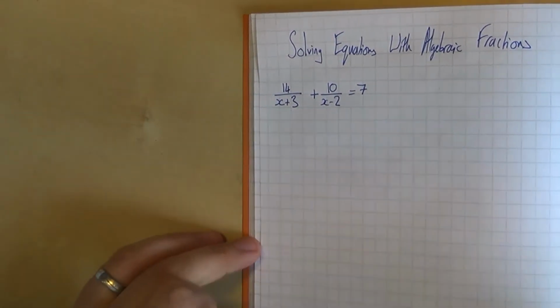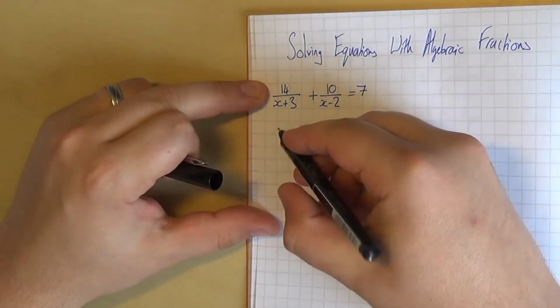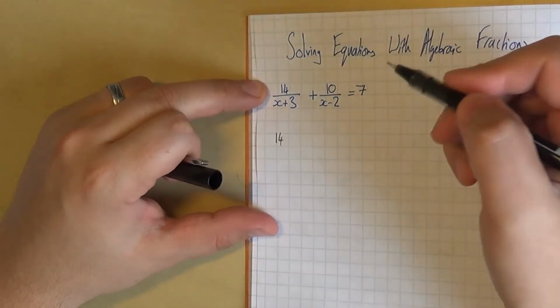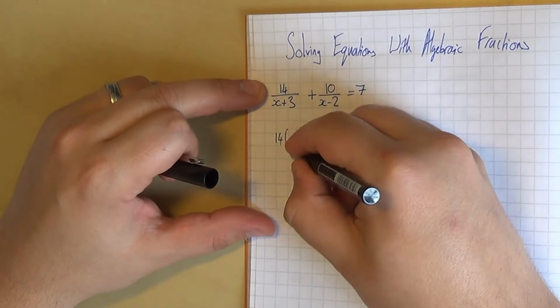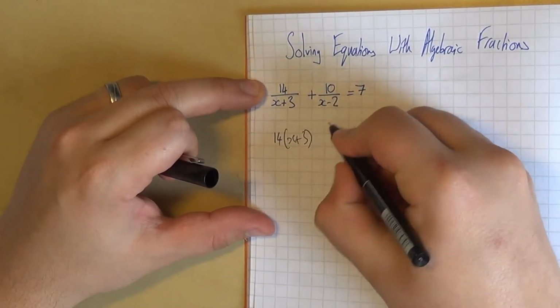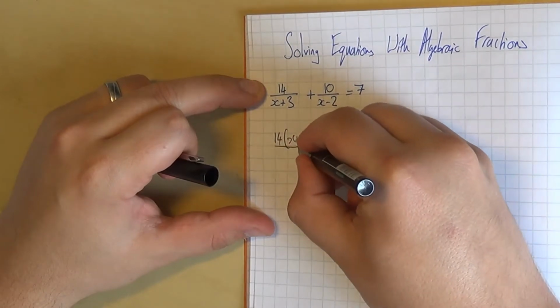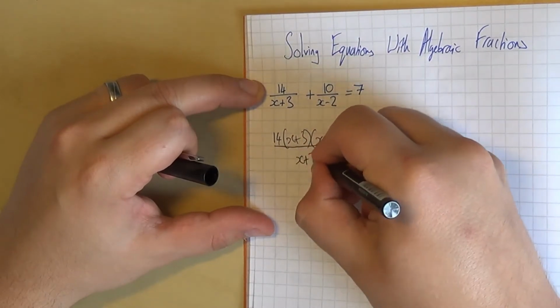So this first fraction here is 14 times by all the things I'm timesing by. So x plus 3 and x take 2. And that's still all over x plus 3.